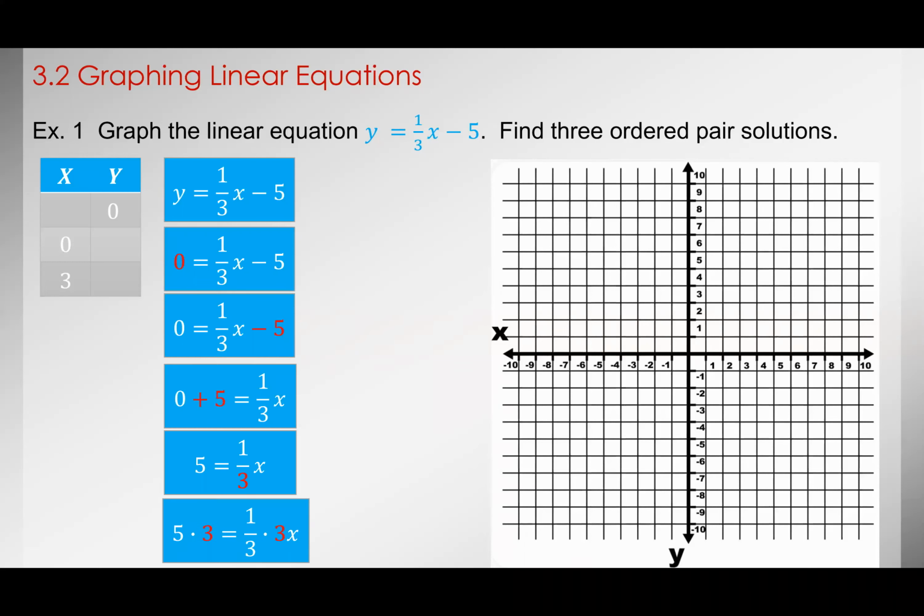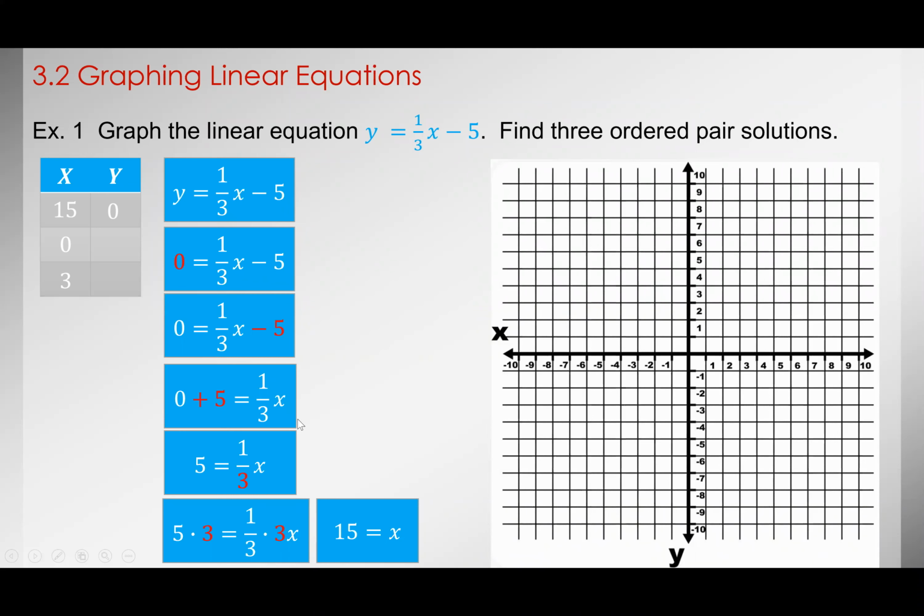I need to multiply, because the 3 on the denominator and the 3 on the numerator cancel out. If I multiply 3 on the left, I need to multiply 3 on the right, or vice versa. In this case, I have 3 times 5 is equal to 1x, but 1x is basically an x.